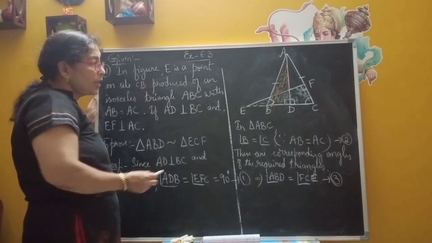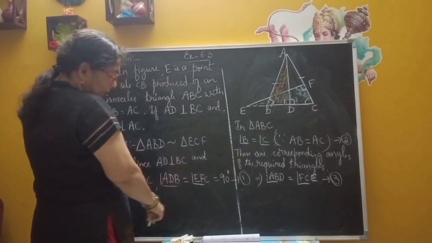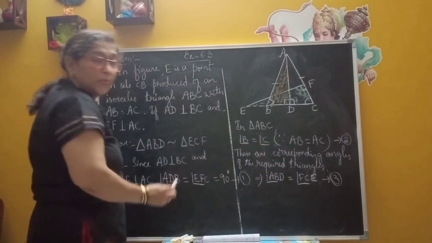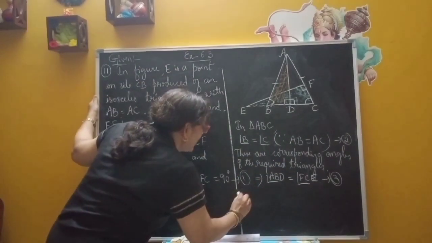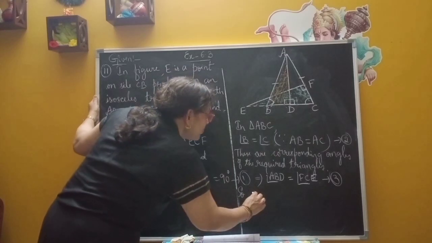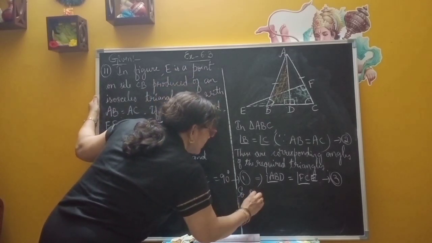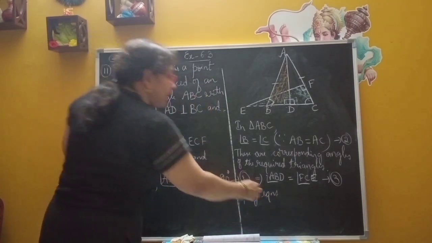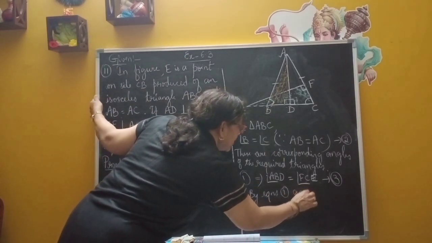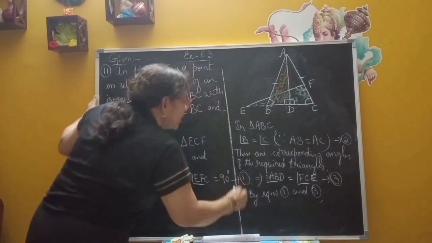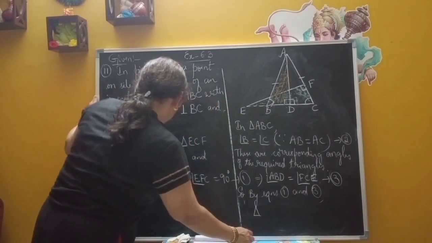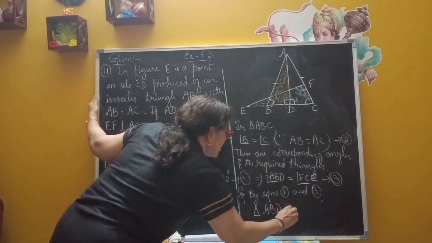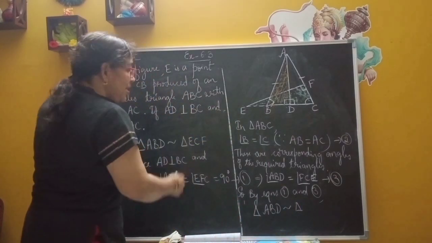Using which criterion? It is nothing but the AA criterion, because here we have one pair of angles and here we have another pair of angles, both are equal. So let us write that. We can say by equations 1 and 3, triangle ABD is similar to triangle ECF.